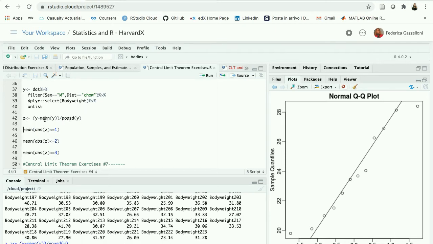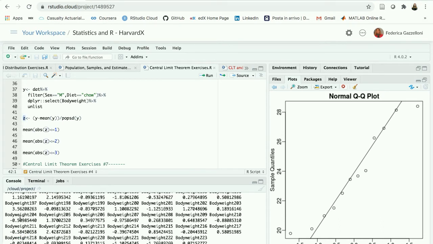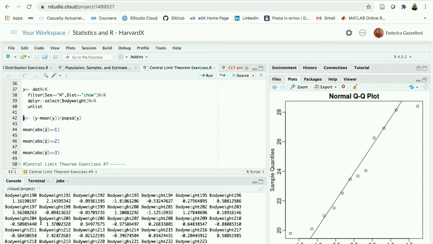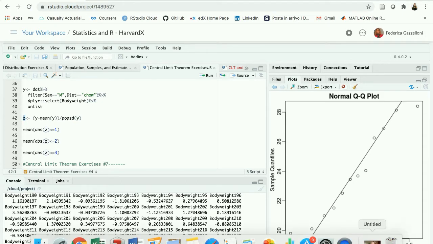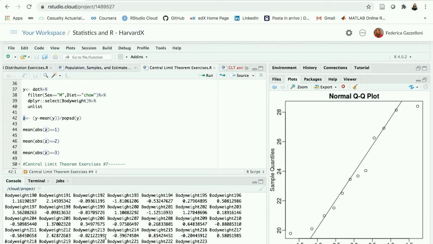This variable z is made of values centered in 0. Okay, so to calculate the proportion, we need to consider the mean, but of its absolute value, and we want all the values that are below 1.